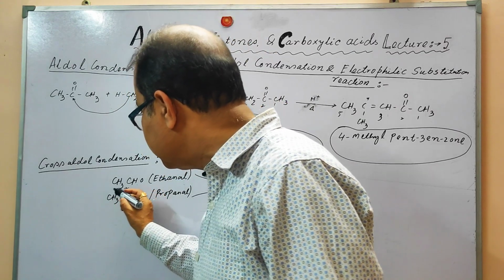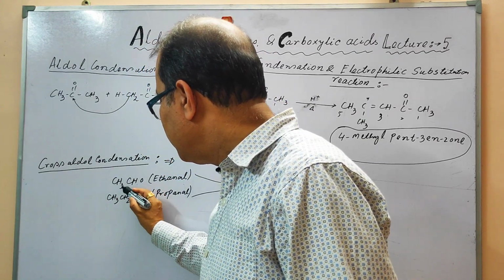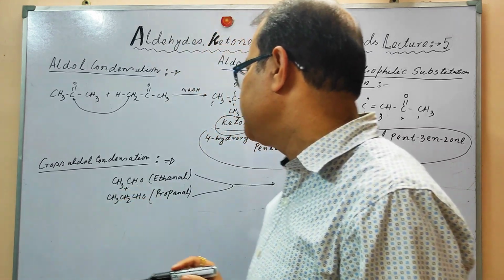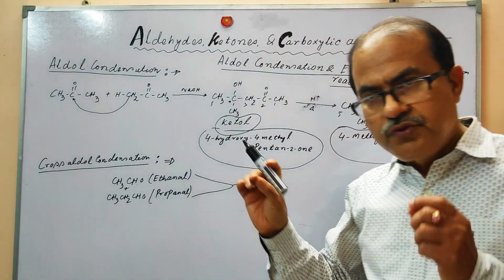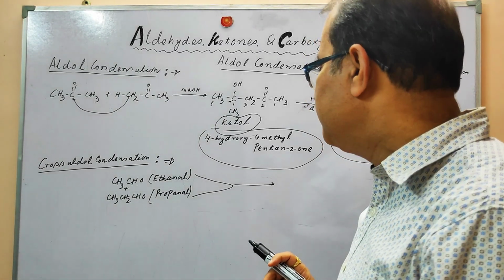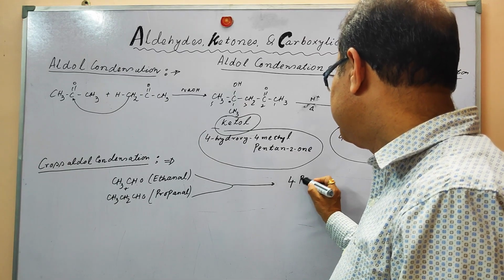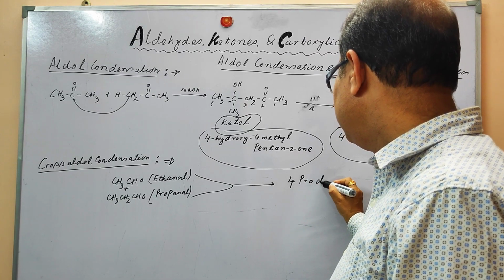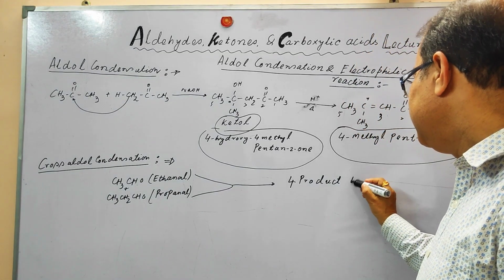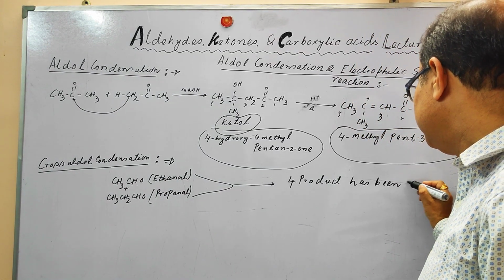You can see there are 3 alpha hydrogens here and 2 alpha hydrogens here. So both the compounds have alpha hydrogen, and at that time 4 products will be produced.